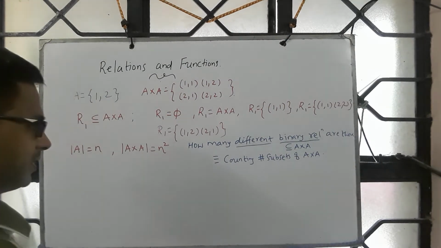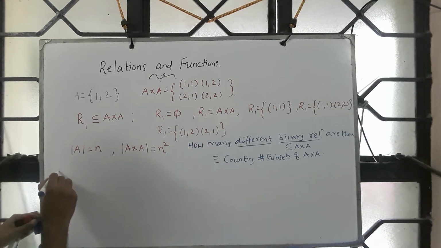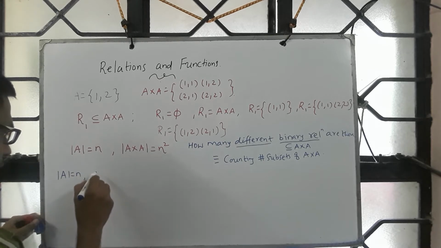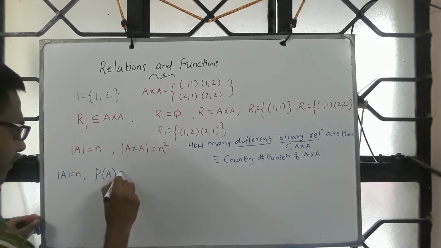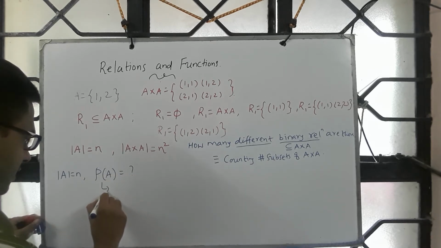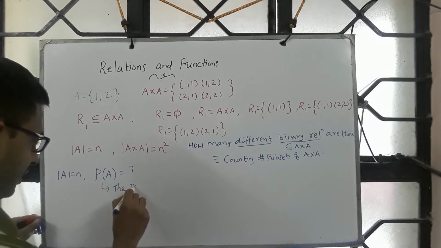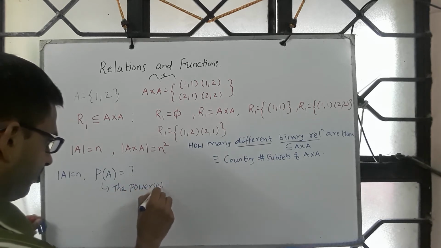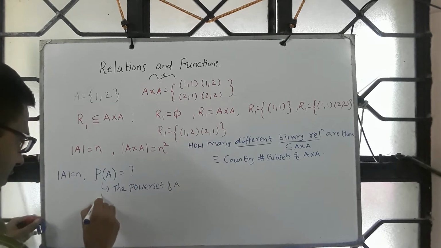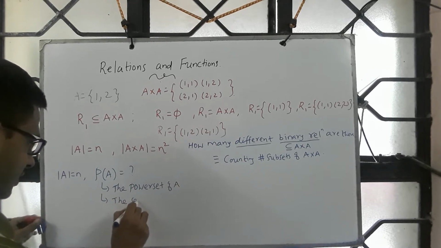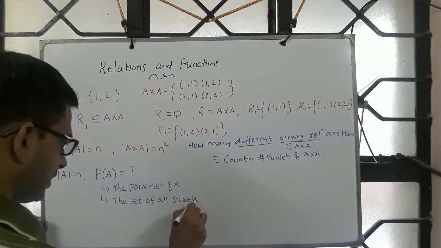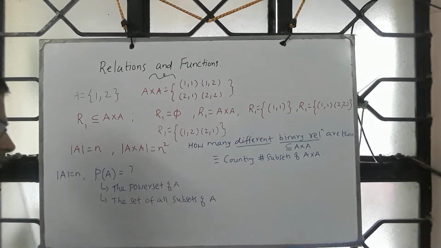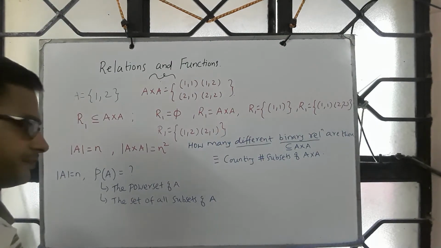Now, independent of this, let's ask this. Cardinality of A is n. So we wish to know what is this. What is this notation? This is called the power set of A, which is precisely the set of all subsets of A. Correct?